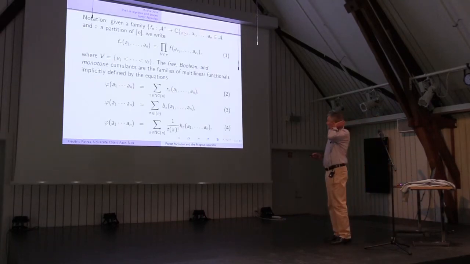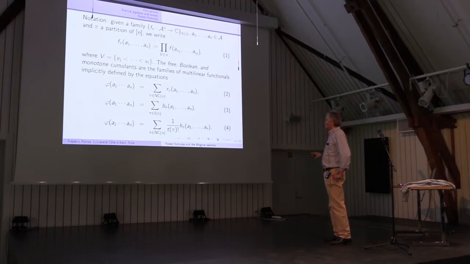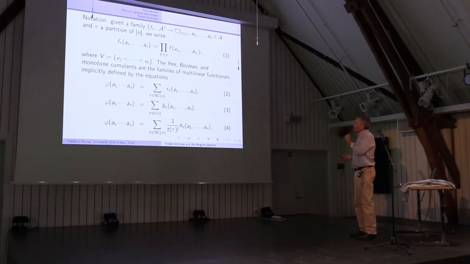So another notation: if we have a function f from A to the n to C, and a partition pi, I will use this notation. f indexed by pi means that I'm going to take the product of f evaluated on the subsets that correspond to the blocks.